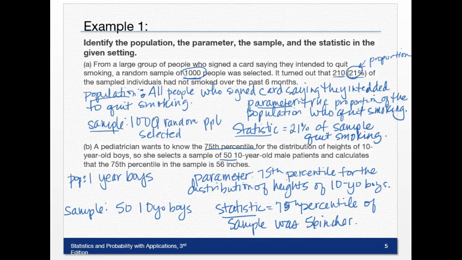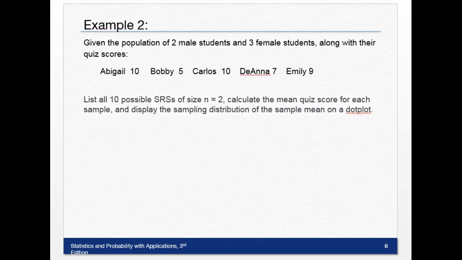So again, find those 4 things: population, parameter, sample, and statistic from the given situations. Now, let's look at number 2. Given the population of 2 male students and 3 female students, along with their quiz scores, list all 10 possible simple random samples of size 2. Let's do this part first.